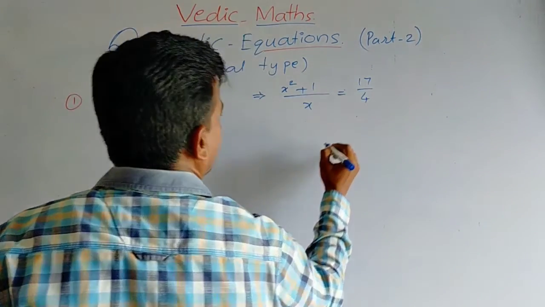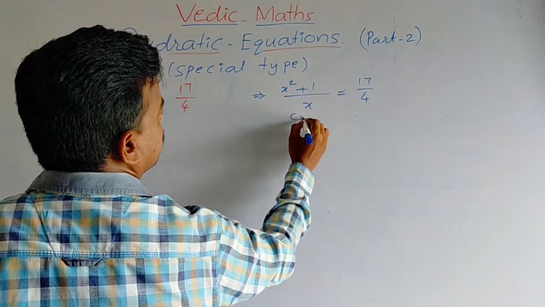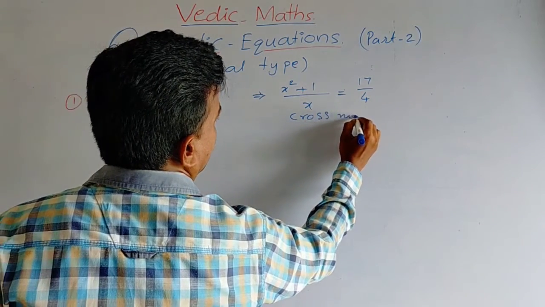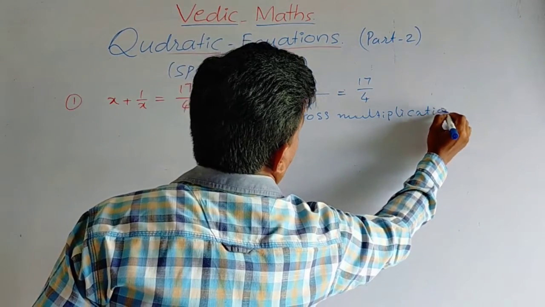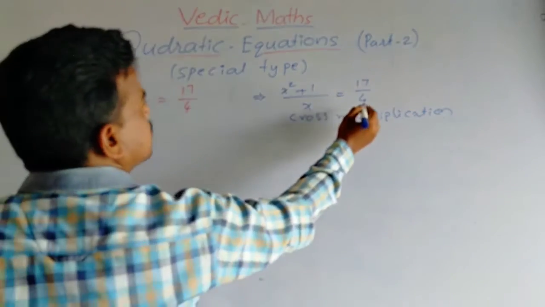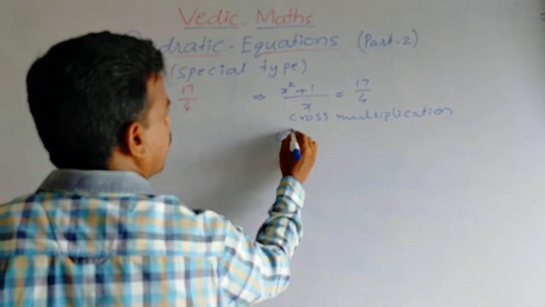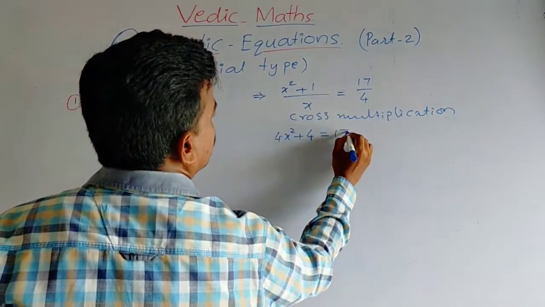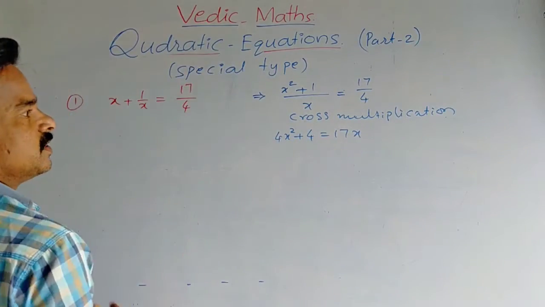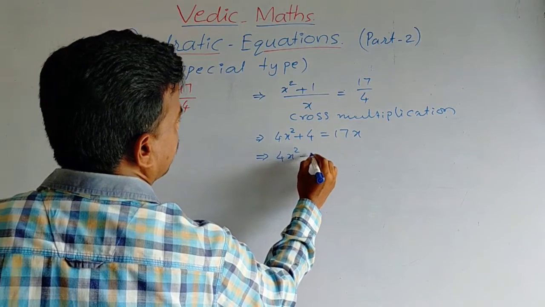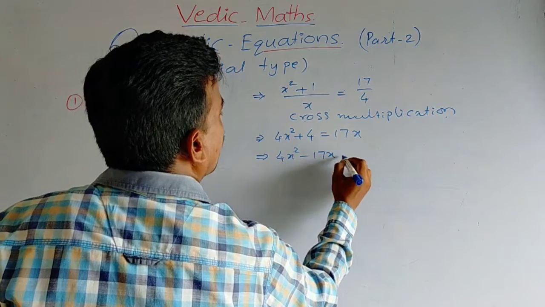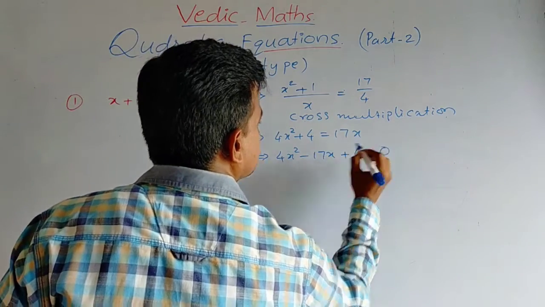By cross multiplication, 4 into this one: 4x squared plus 4 is equal to 17x. The 17x you transpose to the right side: 4x squared minus 17x plus 4 is equal to 0.